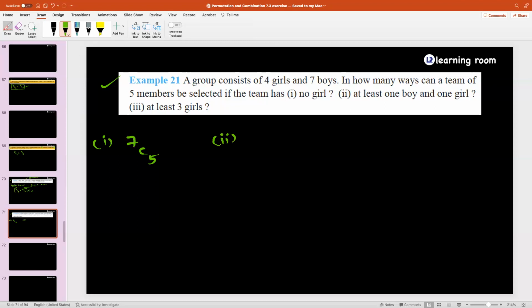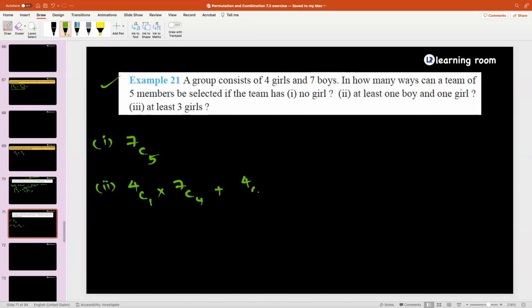Second, at least 1 boy and 1 girl. At least means how will you write it? Minimum 1 boy, maximum... Yes, at least 1 boy and 1 girl. So how to write the equation for that? See, out of the 4 girls available, you can choose 1 girl, and out of the 7 boys available, you can choose 4.